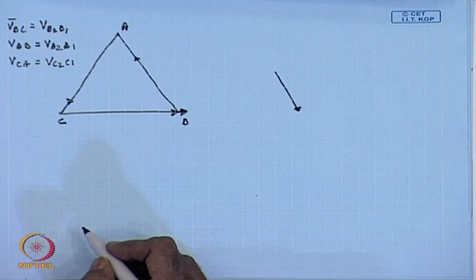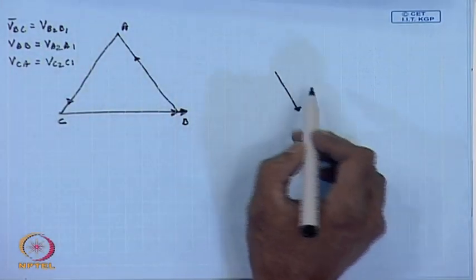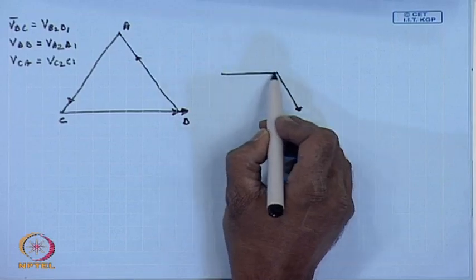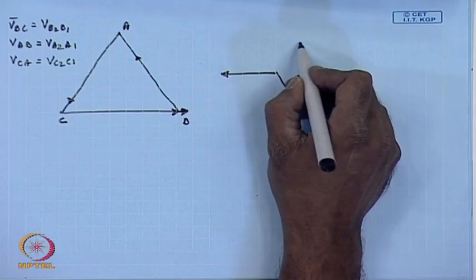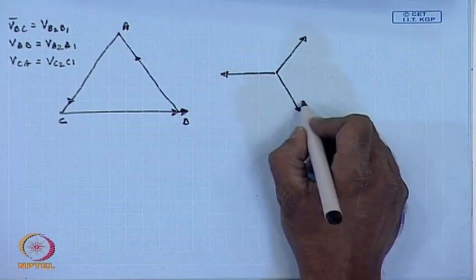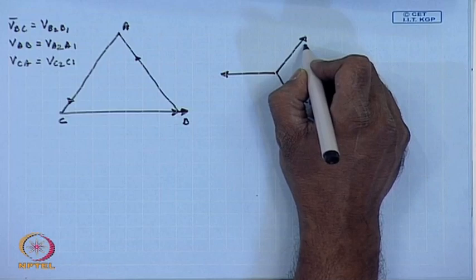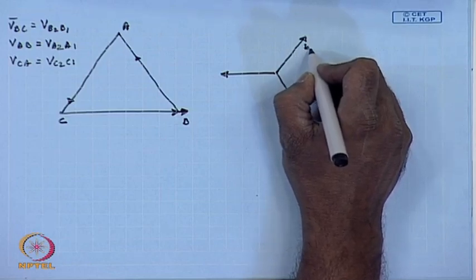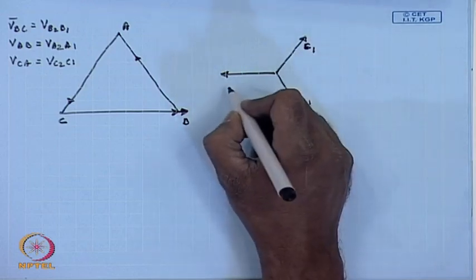Similarly, the phasor V B1 B2 will be in phase opposition to V B2 B1, which is V BC. So, this will be the phasor B1 B2 and this will be the phasor C1 C2. So, this is terminal A1, this is C1 and this is B1.